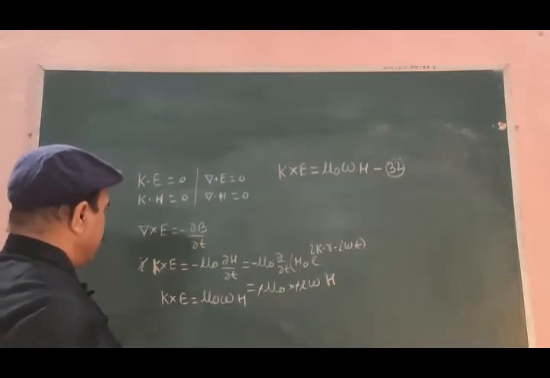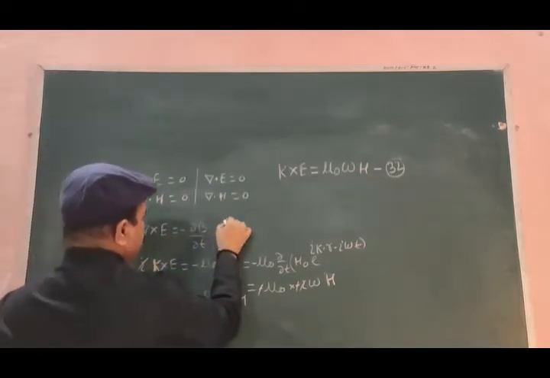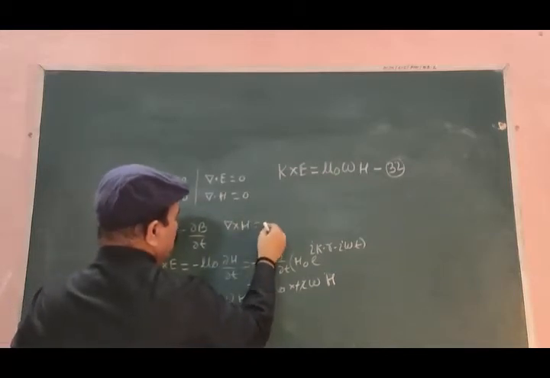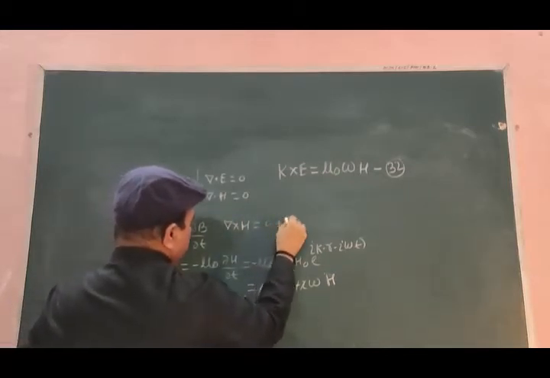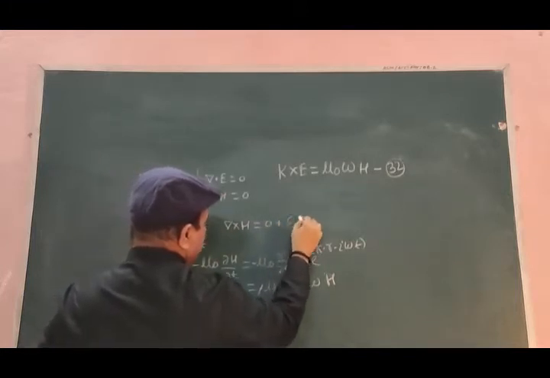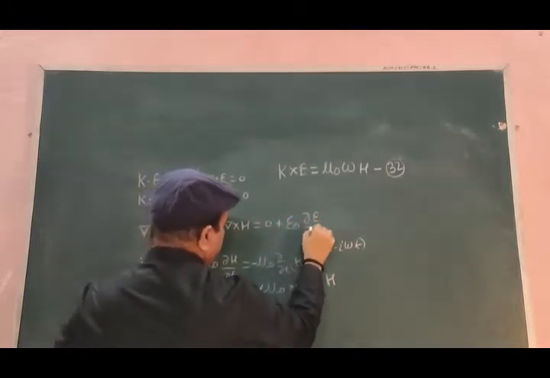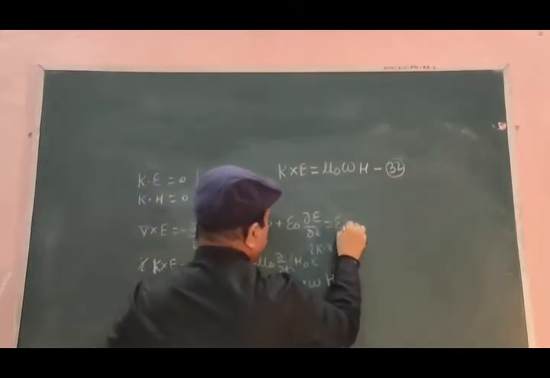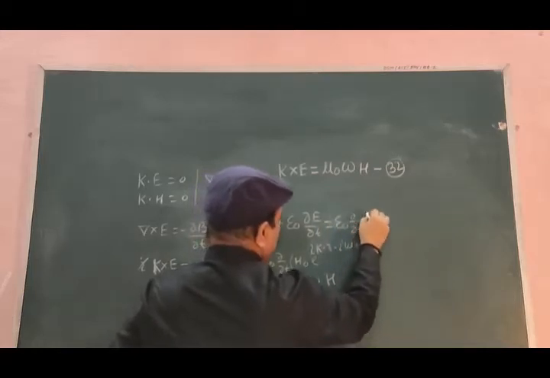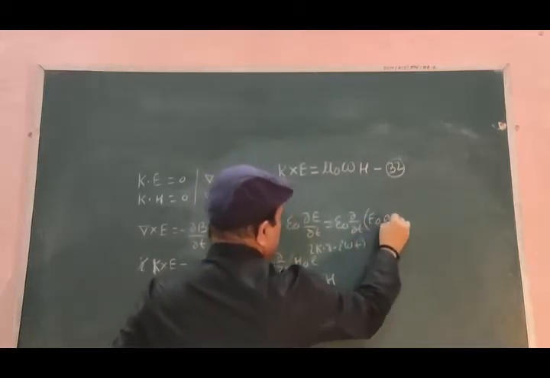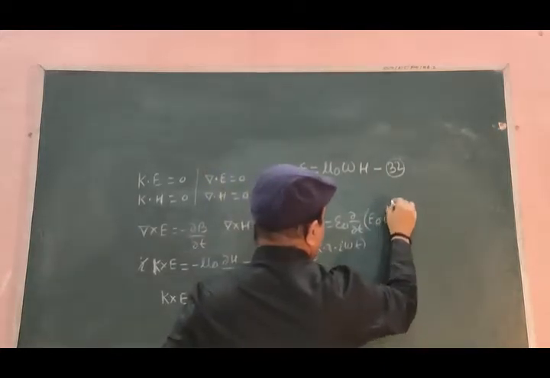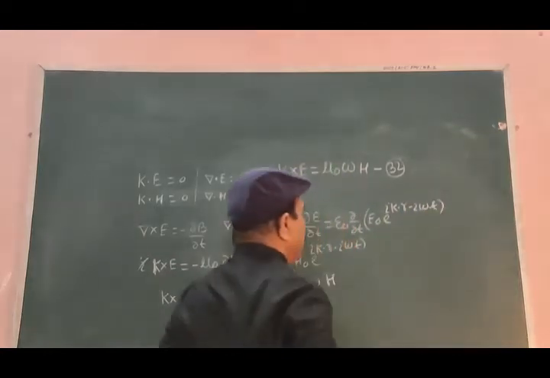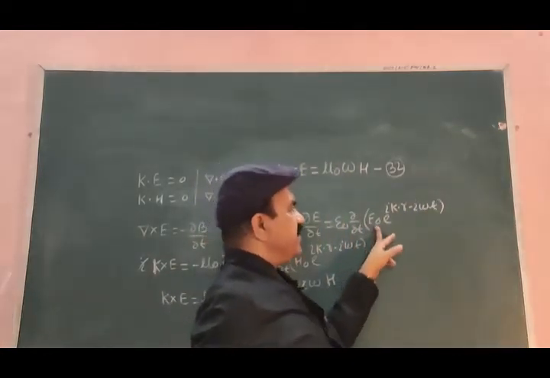And then using the same thing for the fourth one. Del cross H is equal to J, which is 0, plus dou D by dou T, that is epsilon 0 dou E by dou T. This is for the epsilon 0 dou by dou T of E0 e to the power I K dot R minus I omega T. E0 is constant, it will remain as it is.